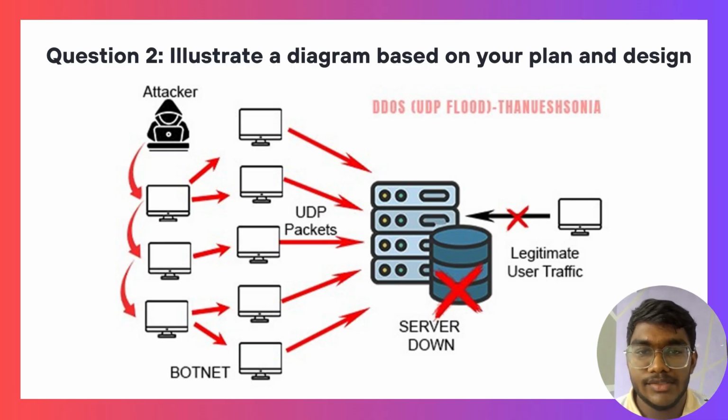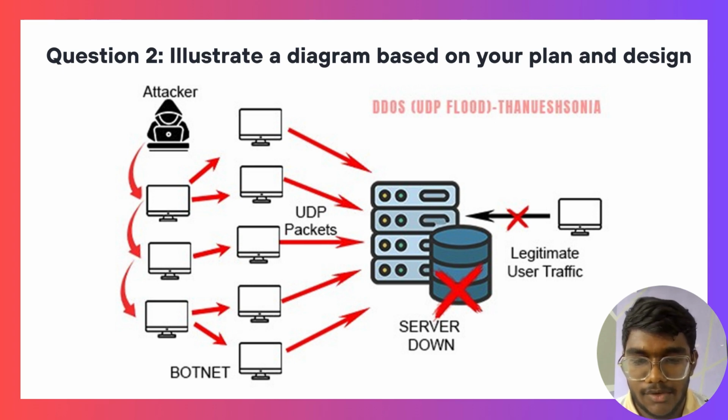Question 2. Illustrate a diagram based on your plan and design. Attacker to botnet, botnet to UDP packets, to server, to legitimate user traffic, then server down. So a DDoS attack with a botnet involves an attacker infecting multiple computers to create a network of controlled machines.